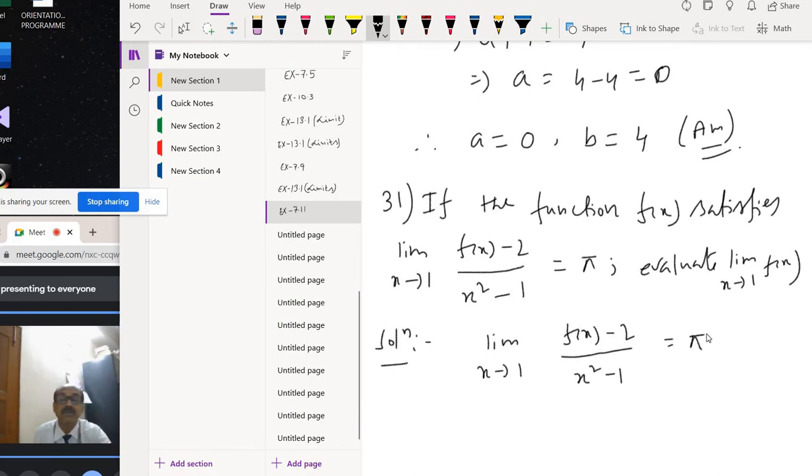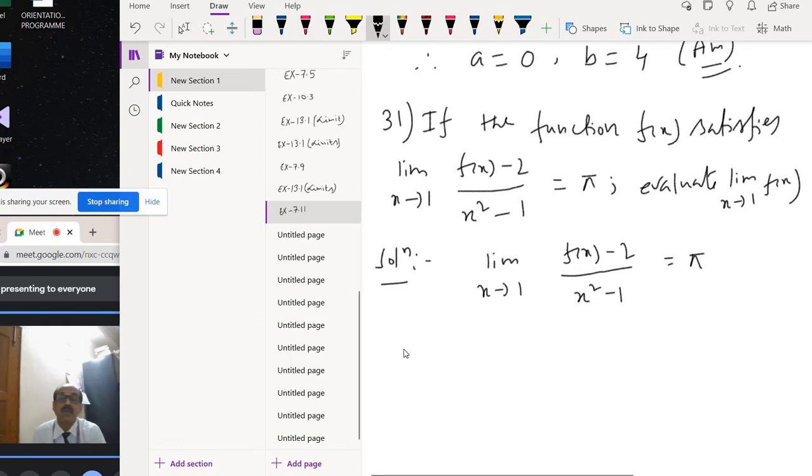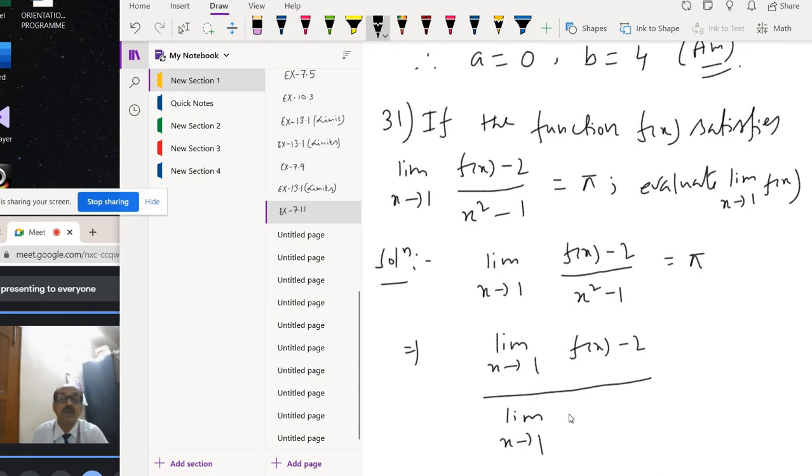So take separately the limit of numerator and denominator: limit x tends to 1, f(x) minus 2, divided by limit x tends to 1, x square minus 1, is equal to pi.